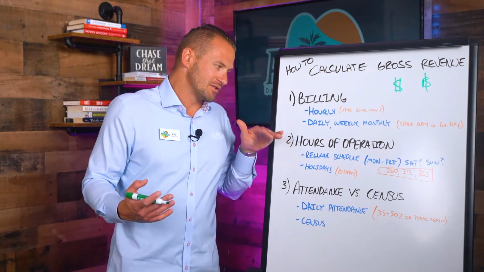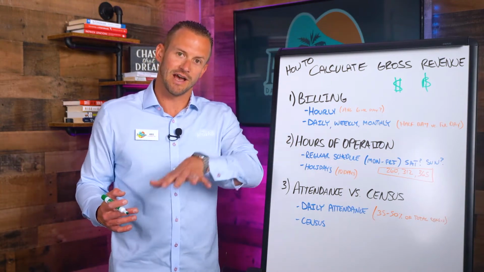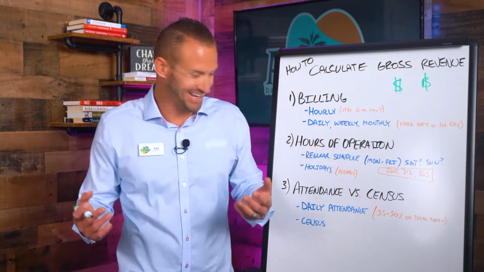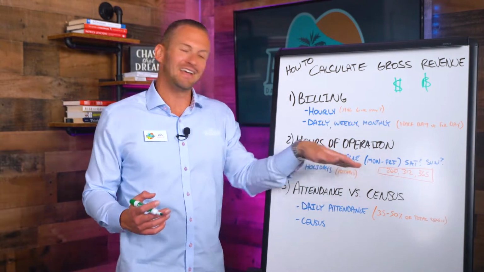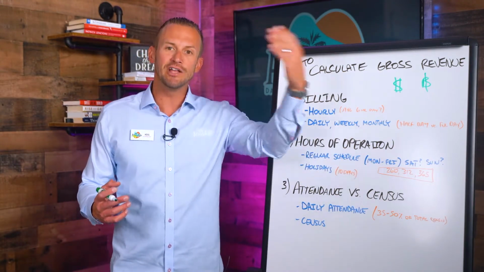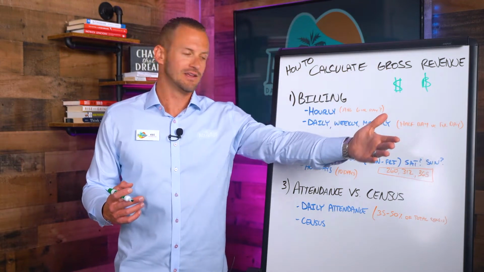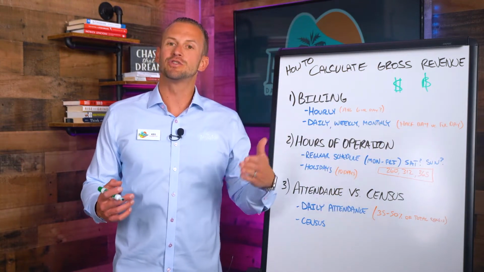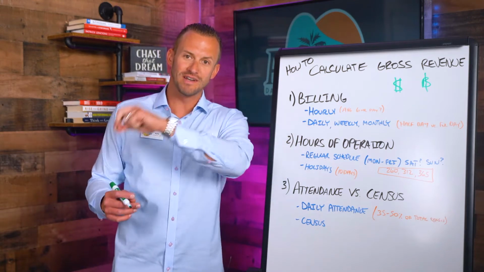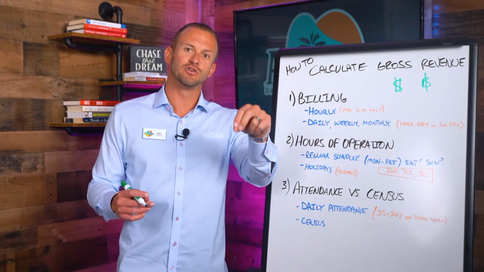Now, when it comes to your schedule, are you Monday through Friday, Monday through Saturday, Monday through Sunday? If you're Monday through Friday, that's 260 days per year that you potentially can earn revenue. If you're Monday through Saturday, that's 312 days per year, 52 more days that you could generate revenue.